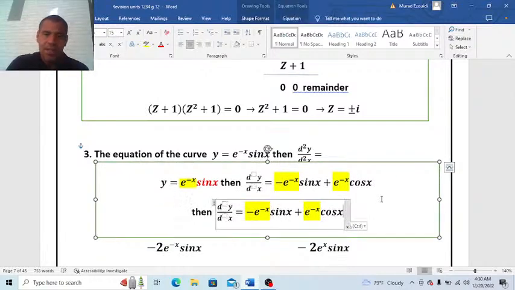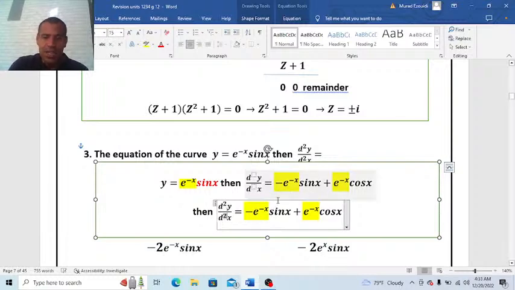So now the second derivative of the function with respect to x: I will differentiate this first, which is my first derivative of the function. It will be a plus, because minus times minus is plus, multiplied by sine of x.